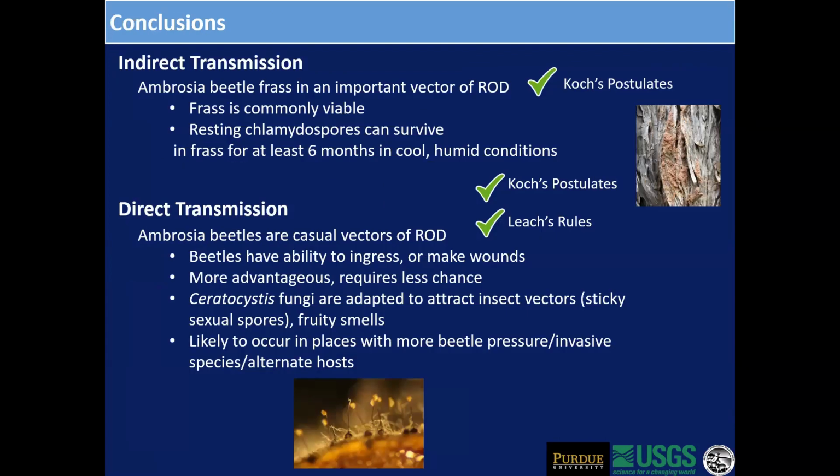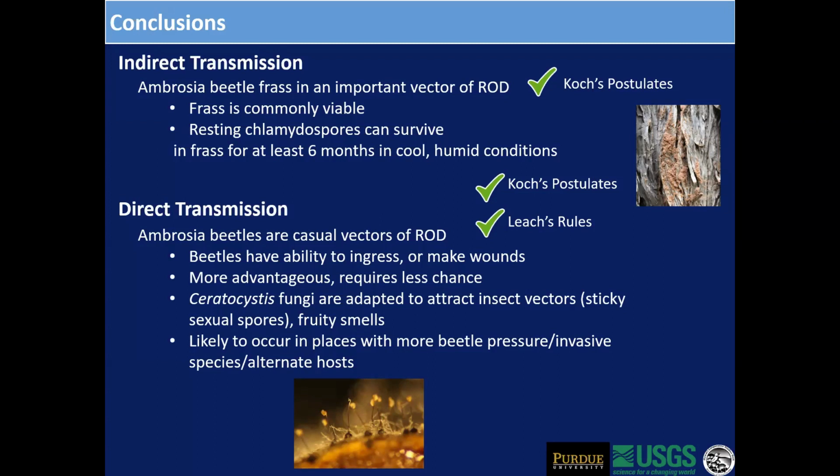So in conclusion, regarding indirect transmission and direct transmission, we completed Koch's postulates for indirect transmission and found that ambrosia beetle frass is an important vector of ROD. And we were able to show that frass is commonly viable and it can also kill healthy individuals.